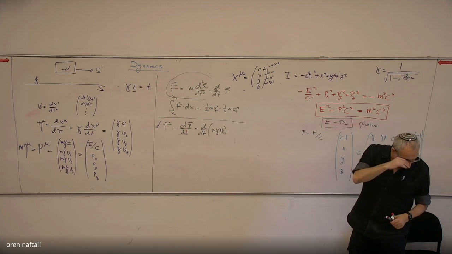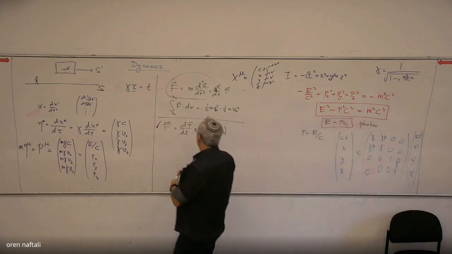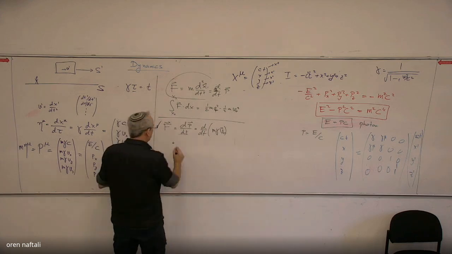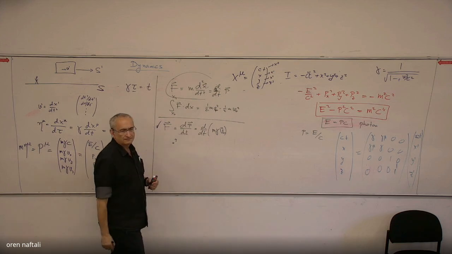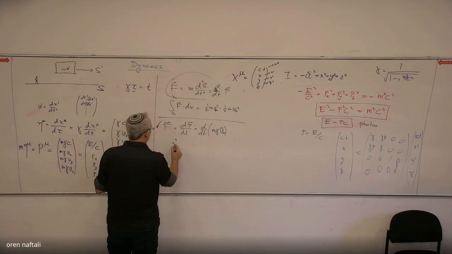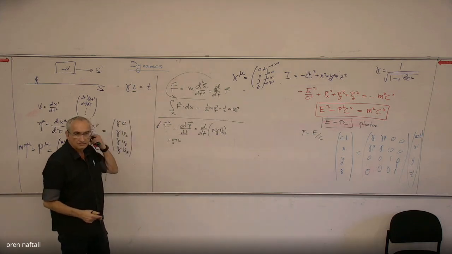But okay, just to understand what it means, suppose I have a particle that has a charge Q, and it is in electric field E. So the force will be QE, and I assume that now everything is in the x direction.